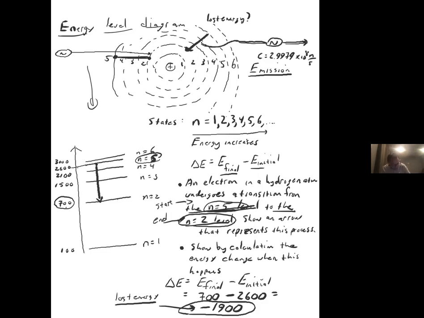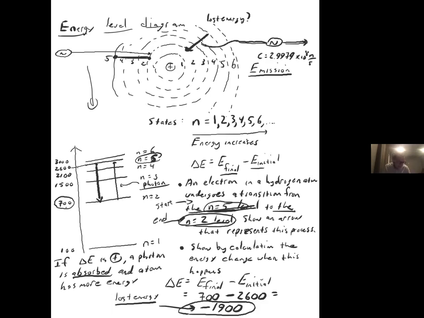The photon goes in, and that's called absorption. So if delta E is positive, not negative, then a photon is absorbed, and the atom has more energy. Okay, that's called absorption.